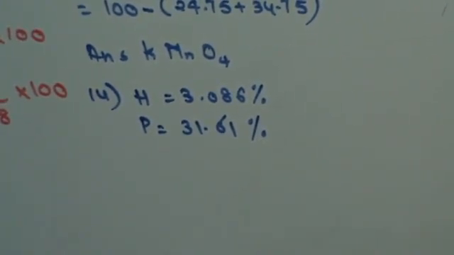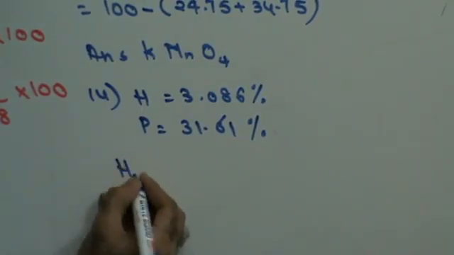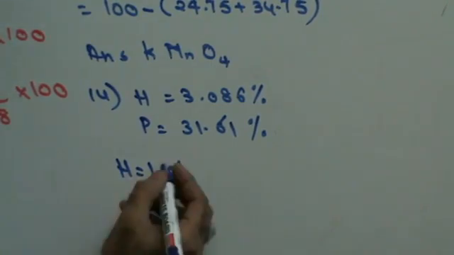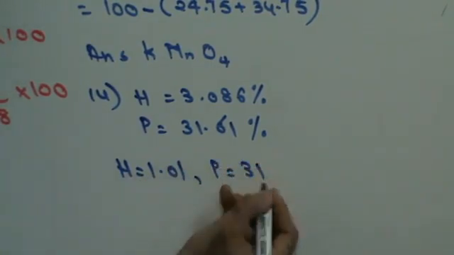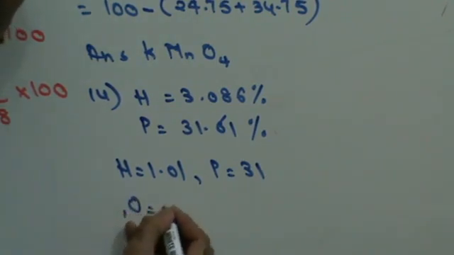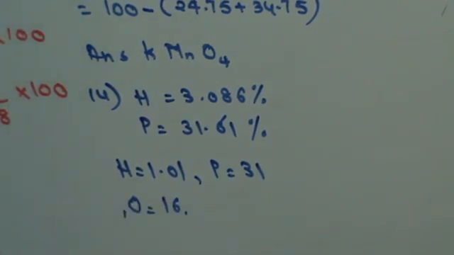If H is equal to 1.01, P is equal to 31 and O is equal to 16, find the empirical formula.